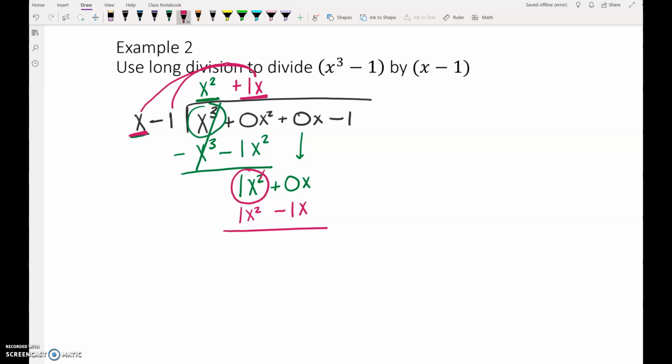Subtract. These cancel. 0x minus negative 1x is positive 1x. And bring our last term down.